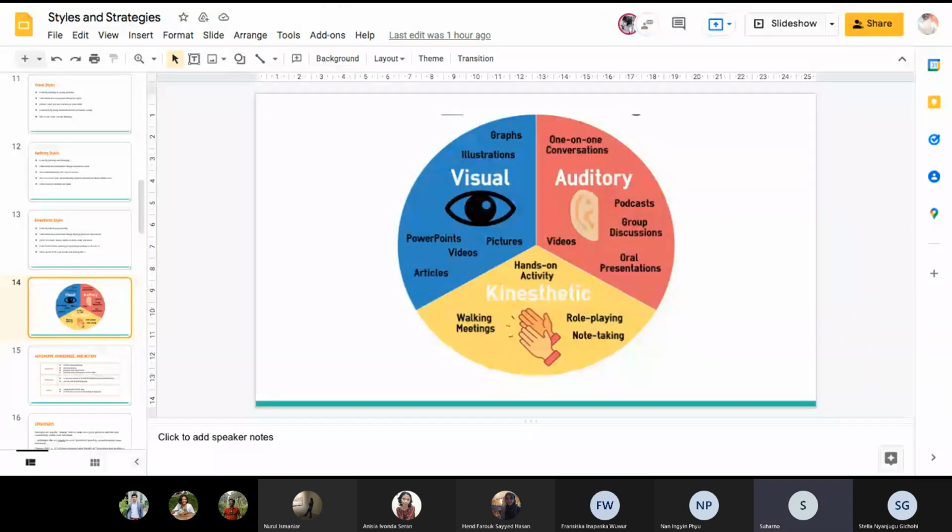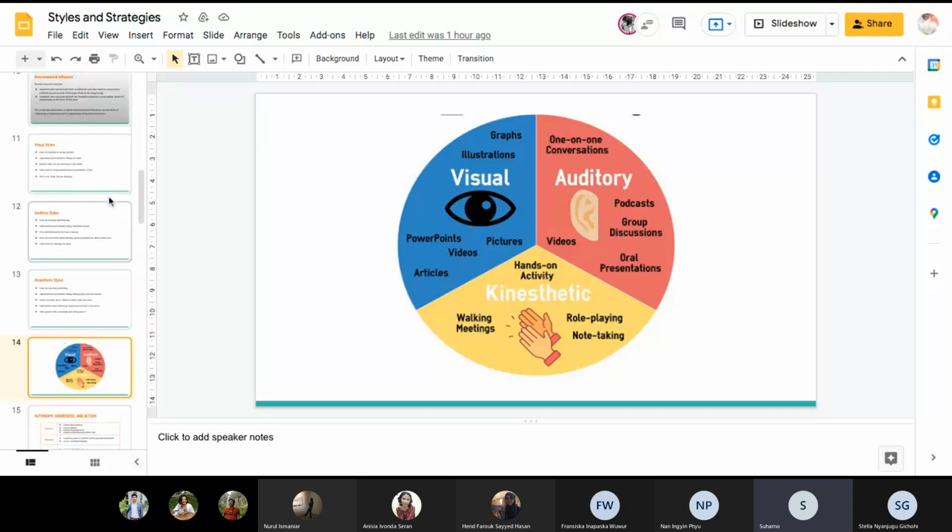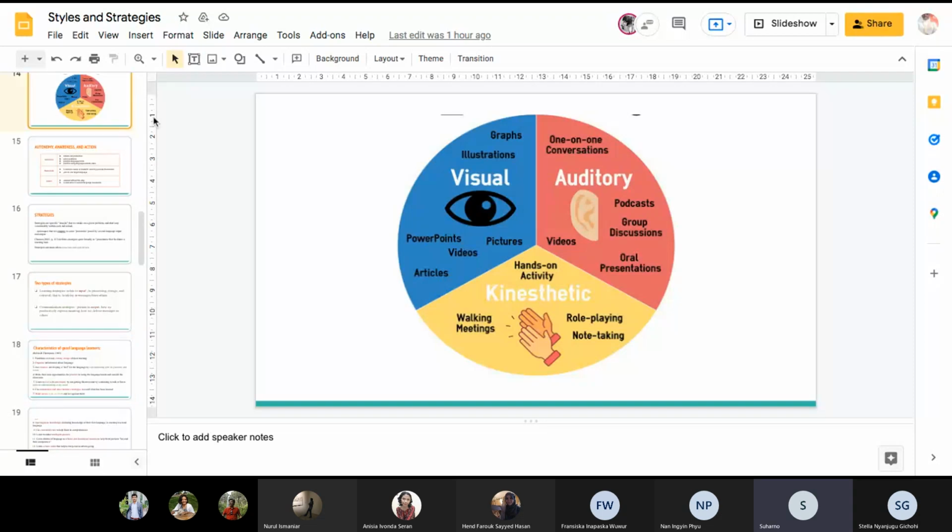Okay, and the other comments concerning the learning style. Whether you belong to the shy type, or whether you are talkative, extrovert or introvert, I suppose you could reflect on yourself.